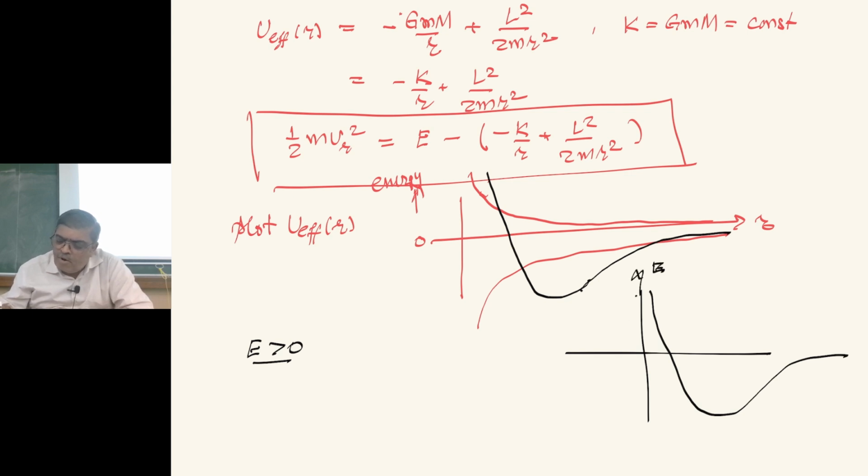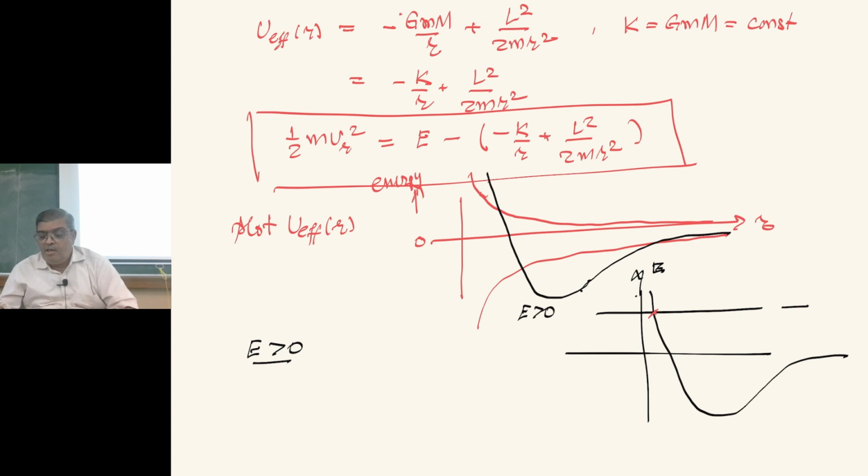So I'm going to have a positive energy, E greater than 0. Okay, and now let us see what happens. It's going to intersect this curve at this point. Let me draw a vertical line corresponding to that. That line is going to intersect the R axis over here.